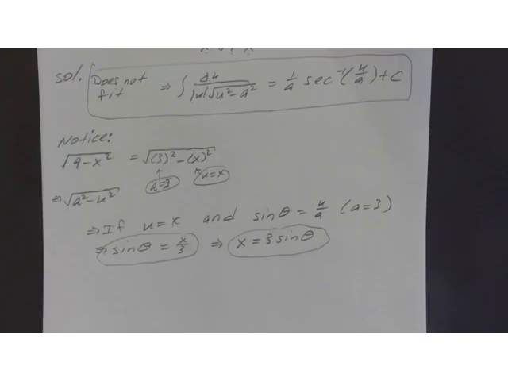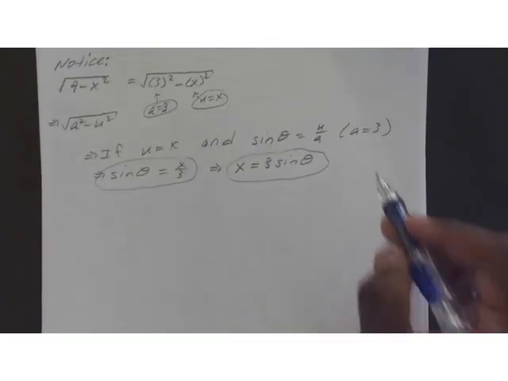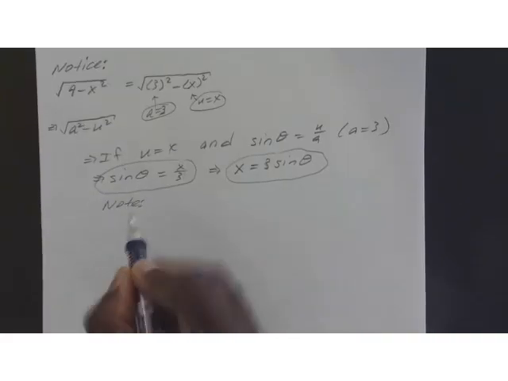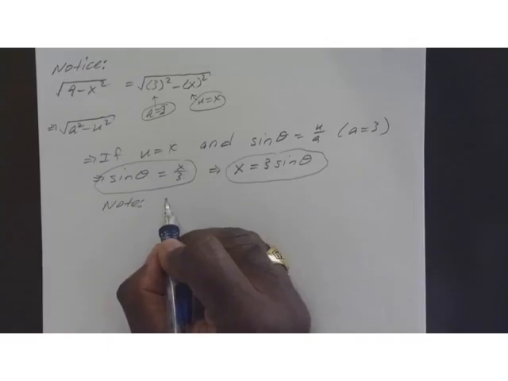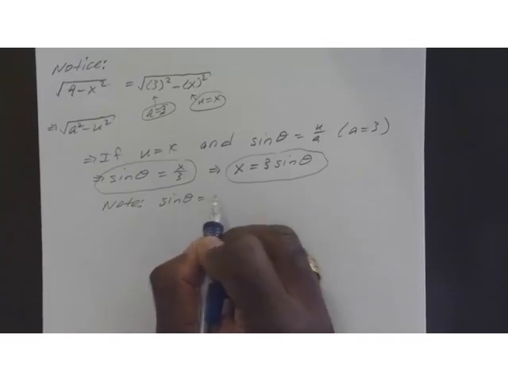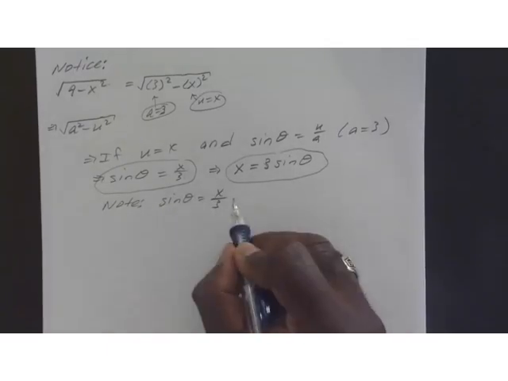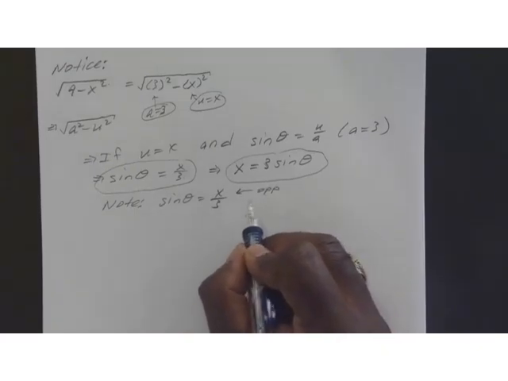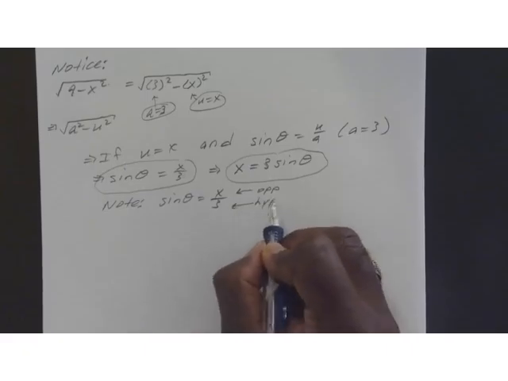Okay. So both of those actually have a place in our solution. If you don't remember which triangle is which, all you have to do is that once you find your sine of theta, which in this case is x divided by 3, that's the opposite over the hypotenuse.